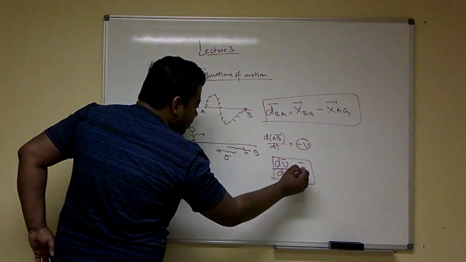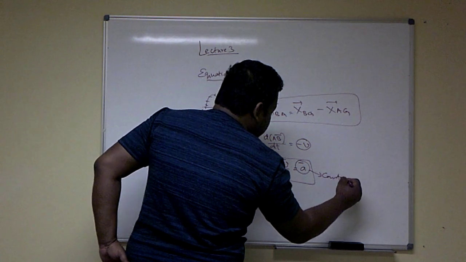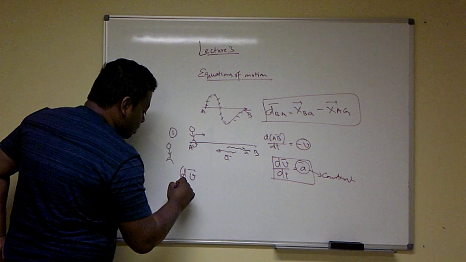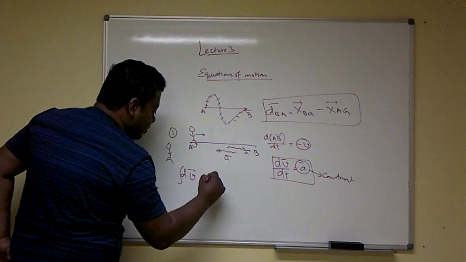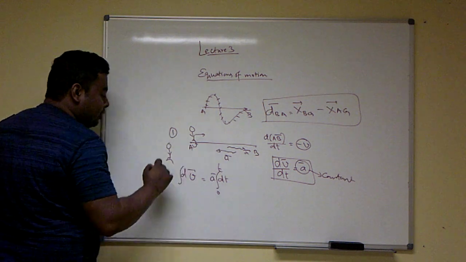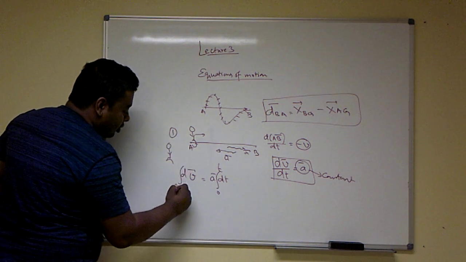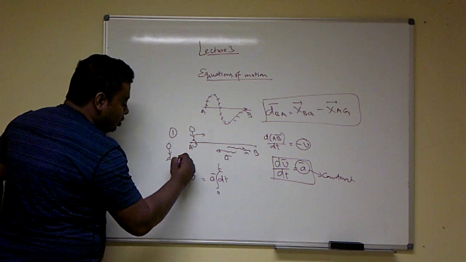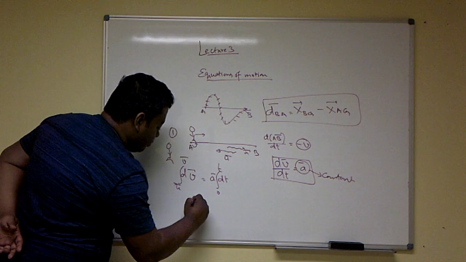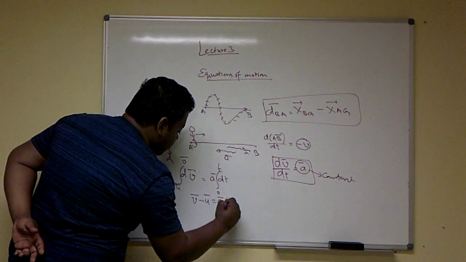Okay, so let's say this acceleration is a constant value. Then when you integrate this dv with respect to this constant acceleration from time 0 to time t, and velocity when you integrate from initial velocity u to final velocity v vector, you get v vector minus u vector equal to a vector times t.